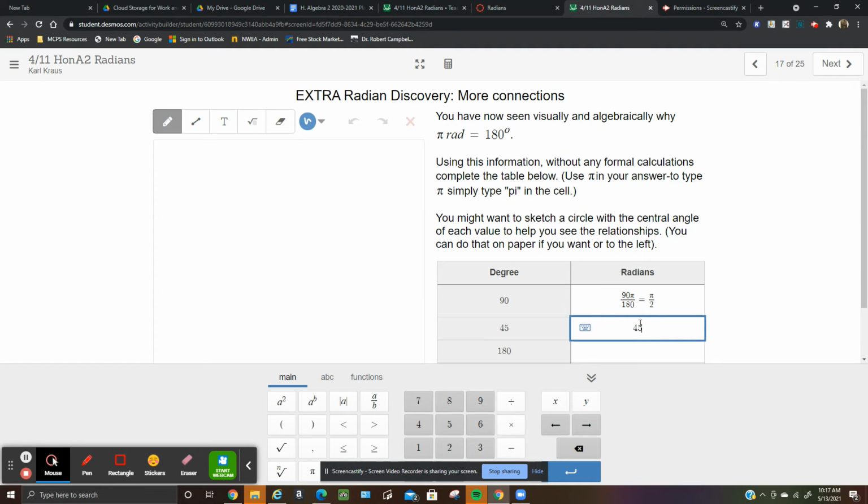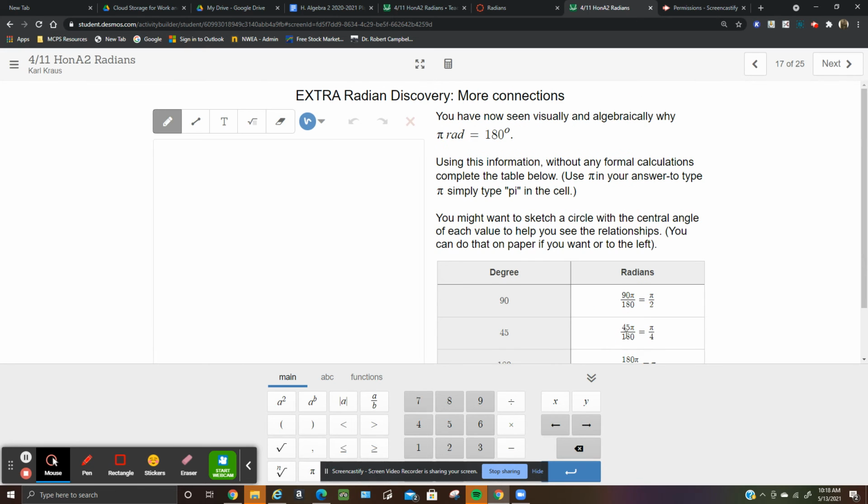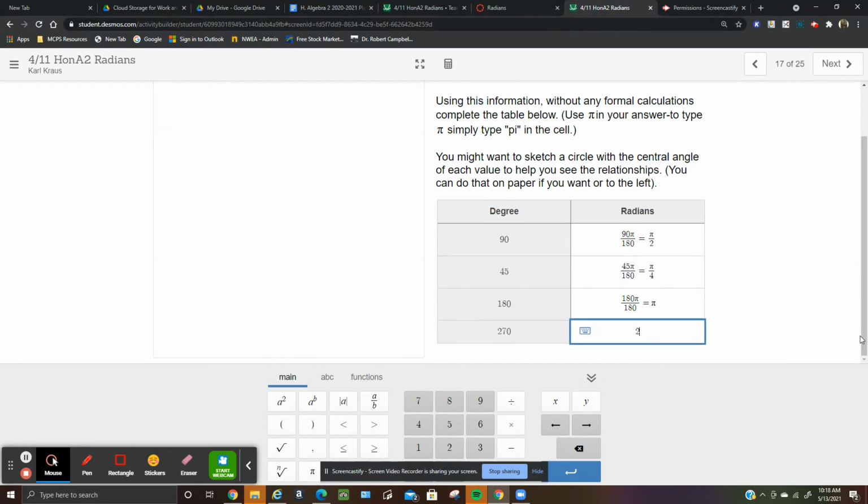This one, 45 pi over 180 is pi over 4. 180 would be just pi. And 270 is 3 pi over 2.